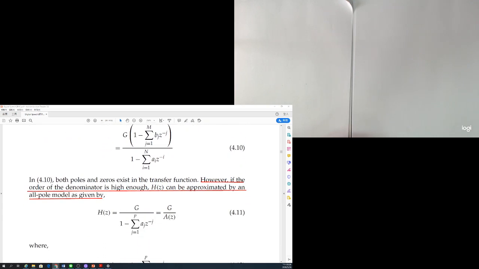Based on this equation, however, we try to simplify our transfer function.